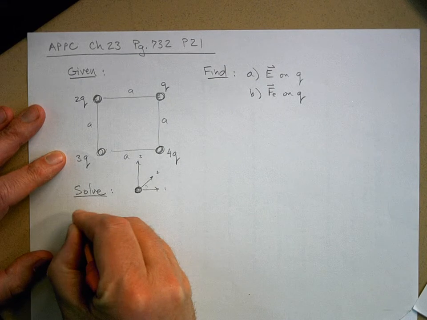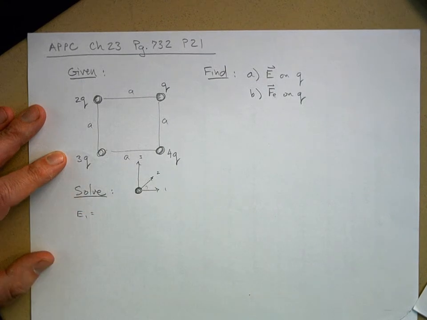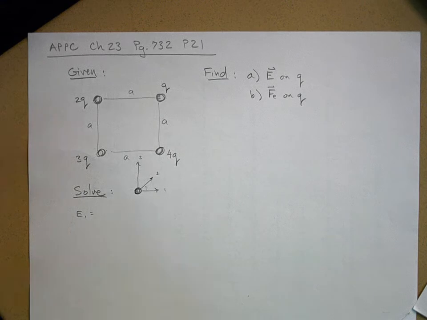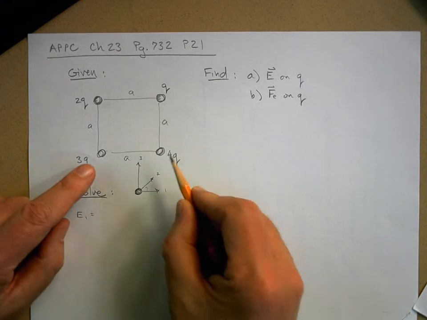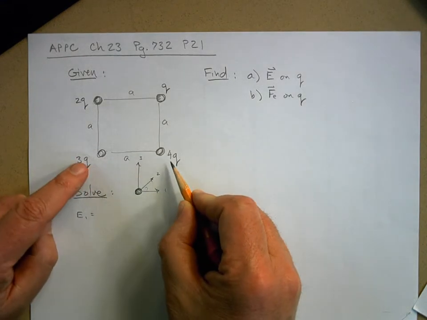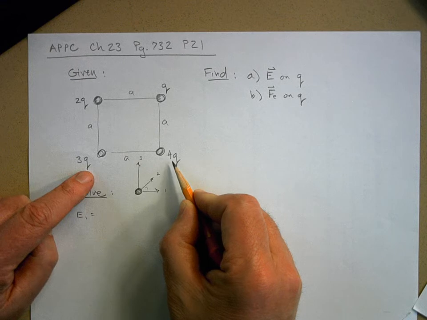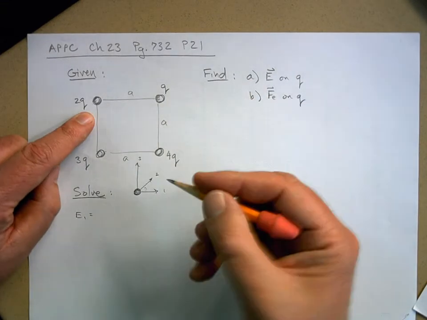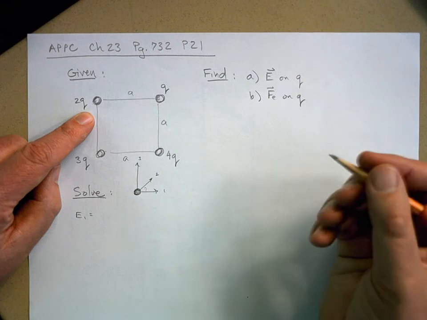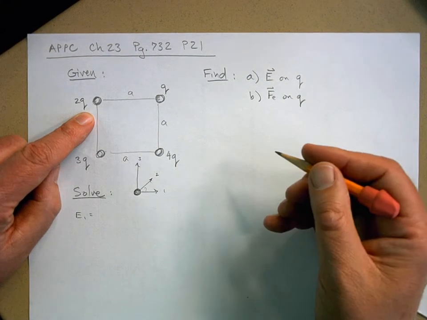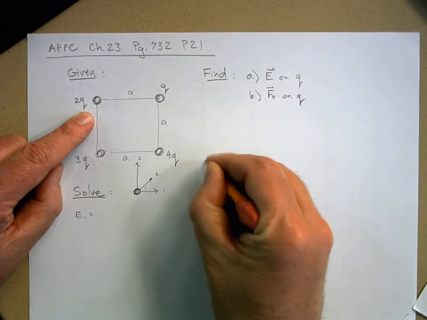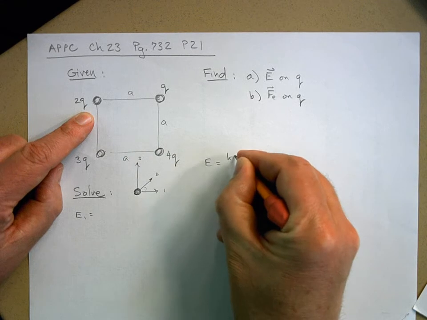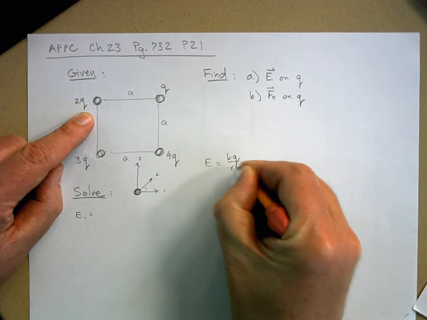So let's do E1. So the electric field due to the first charge, let's see. Oh, I'm sorry, up here. First of all, the general electric field for point charges is E equals K Q over R squared.